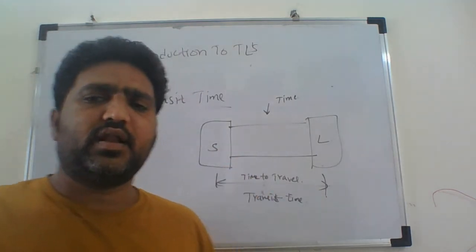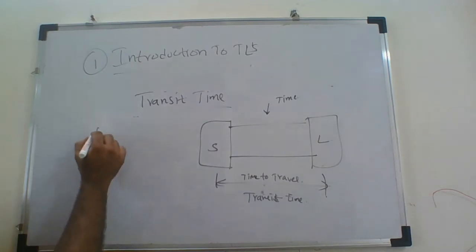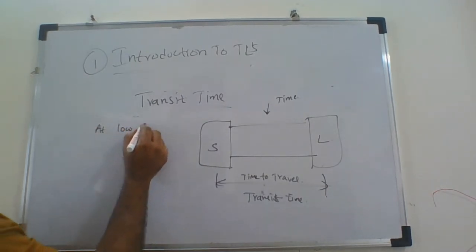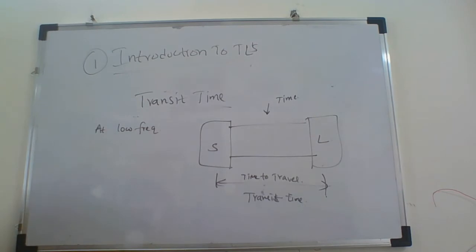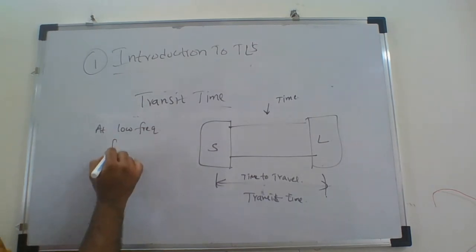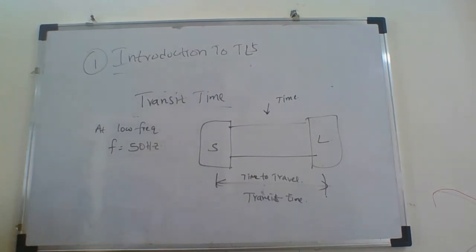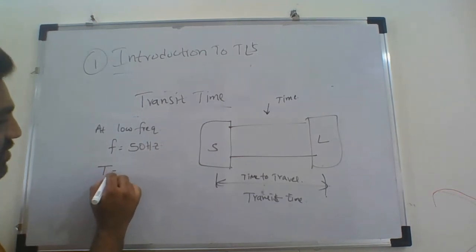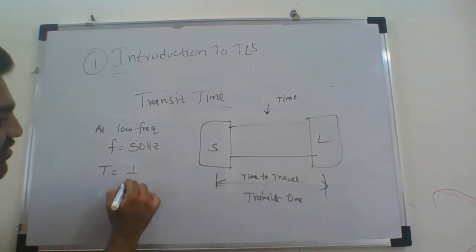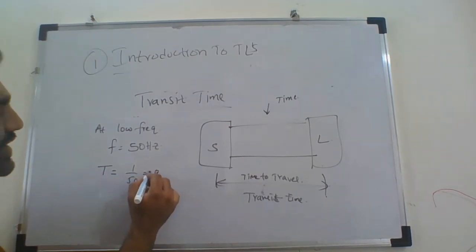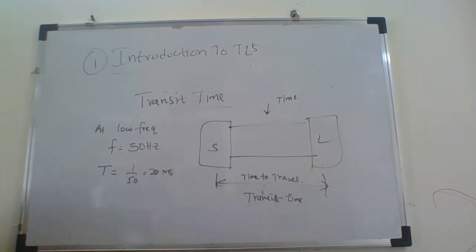Now at low frequencies, let us assume the frequency of the supply voltage, which is 50 hertz. At 50 hertz, the time period of the signal will be 1 by 50, which is approximately 20 milliseconds.